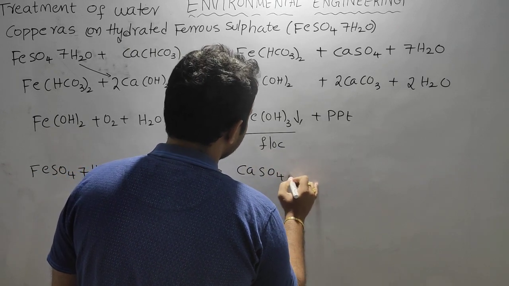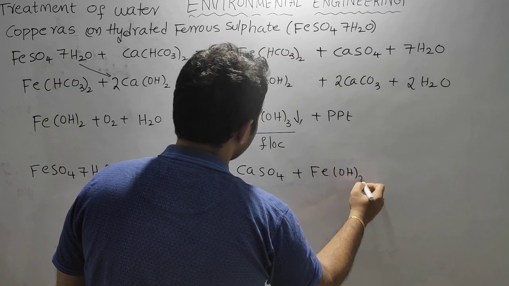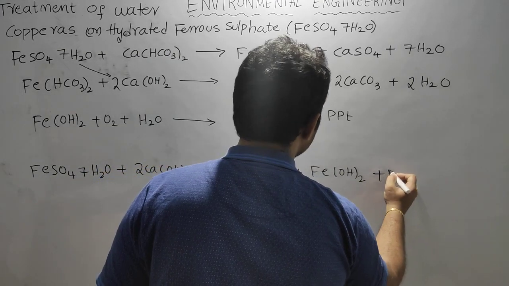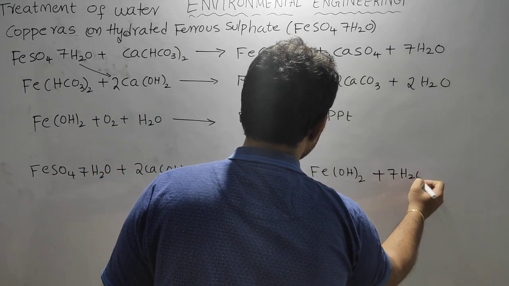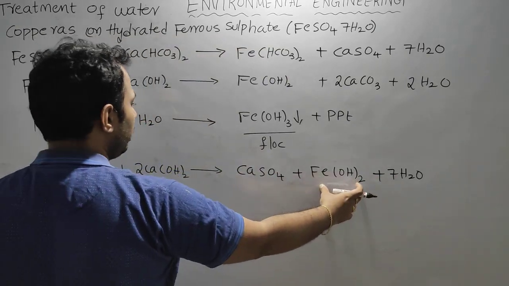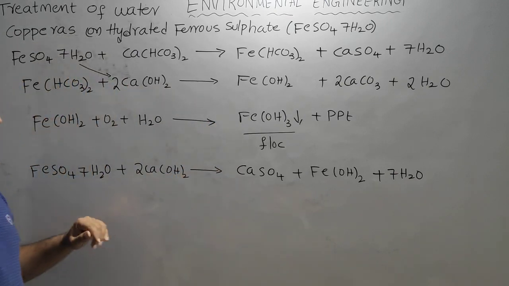It will form CaSO4 plus Fe(OH)2 plus 7H2O. So this is the reaction when you add Ca(OH)2 directly, and the next one follows this reaction. The same reaction will come here also.